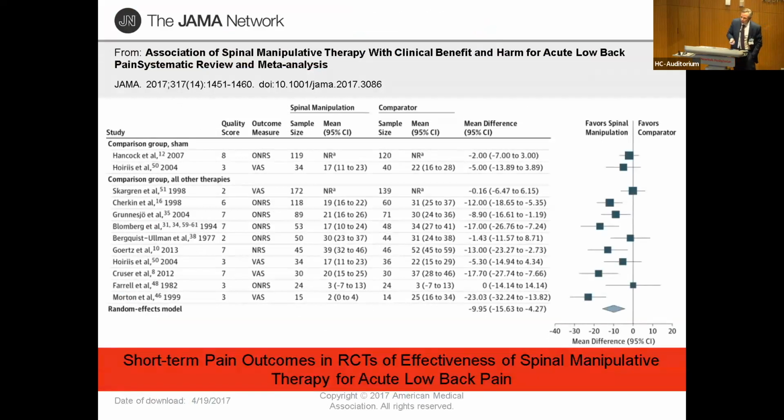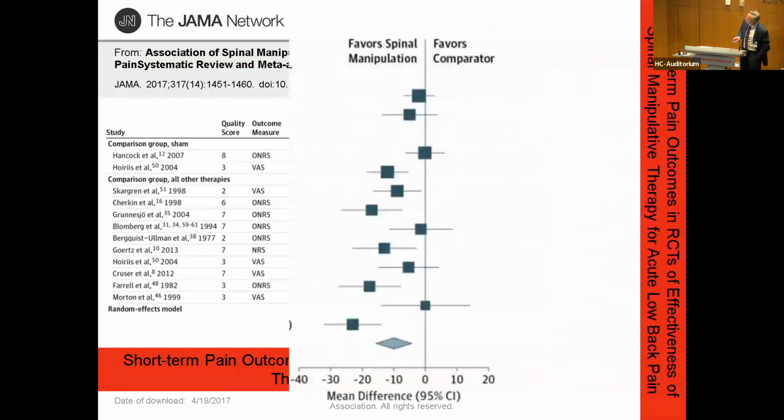Just a quick look. This is a nice review of manipulation for the lumbar spine and looking at pain. It's a comparator of a group of studies, looking at the efficacy or the effectiveness of manipulation. You can see on pain for patients with acute low back pain, the effect size is small, it's short-term outcomes, but everything to the left of the y-axis there is a favorable outcome relative to the comparison.